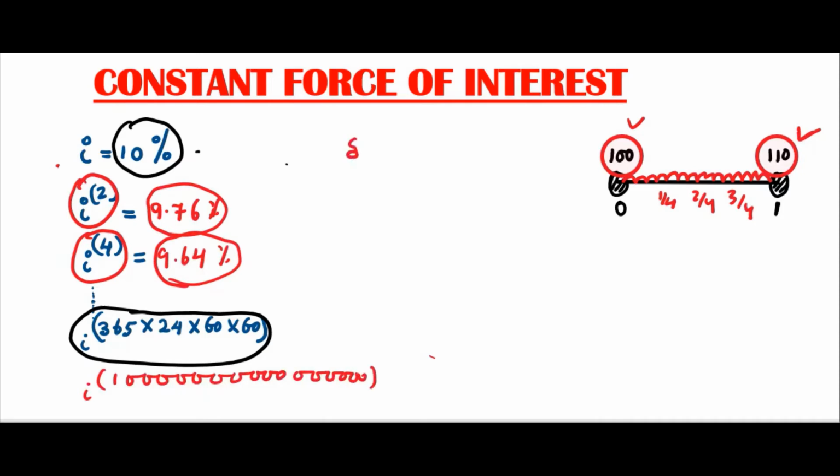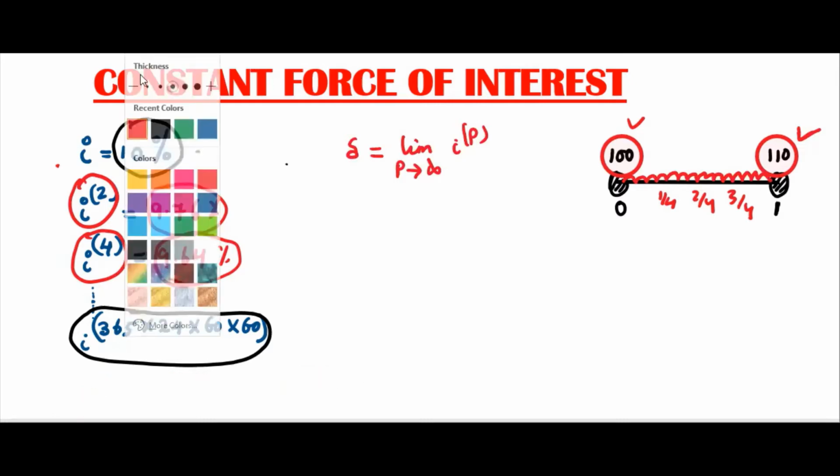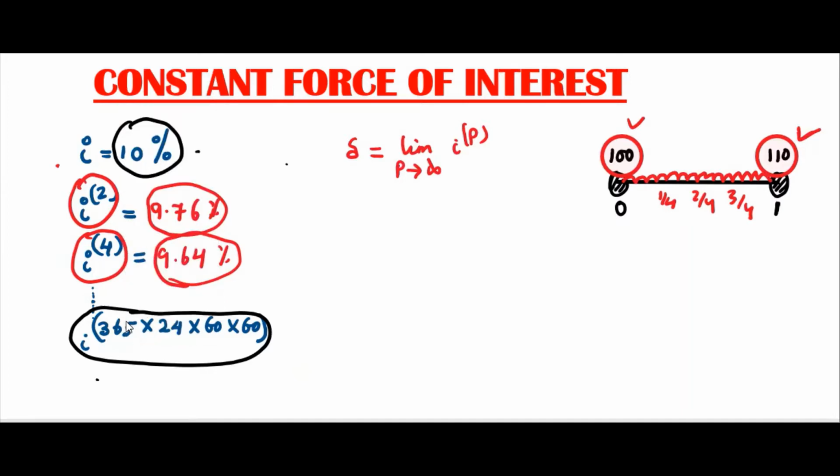The definition of delta is the limit of ip when p is very large. When this is very large, we replace everything by delta. So what is delta here? Delta is ip when p is very large.